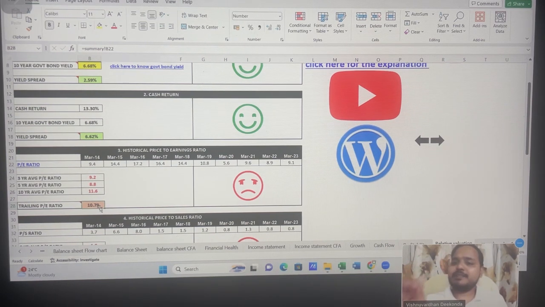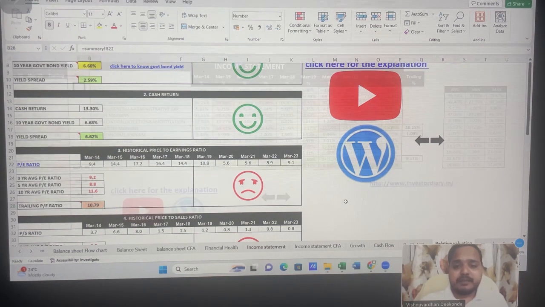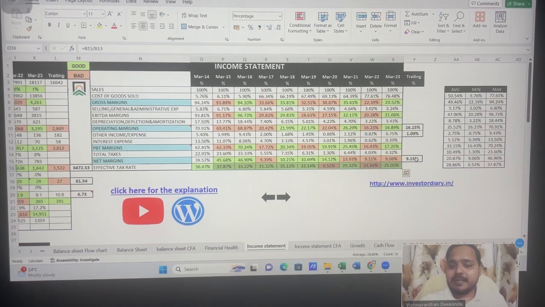If the PE ratio is less than 20, and in the income statement the current net margins and operating margins are lower than, or more or less close to, the long-term operating margins or long-term net margins, I am fine.